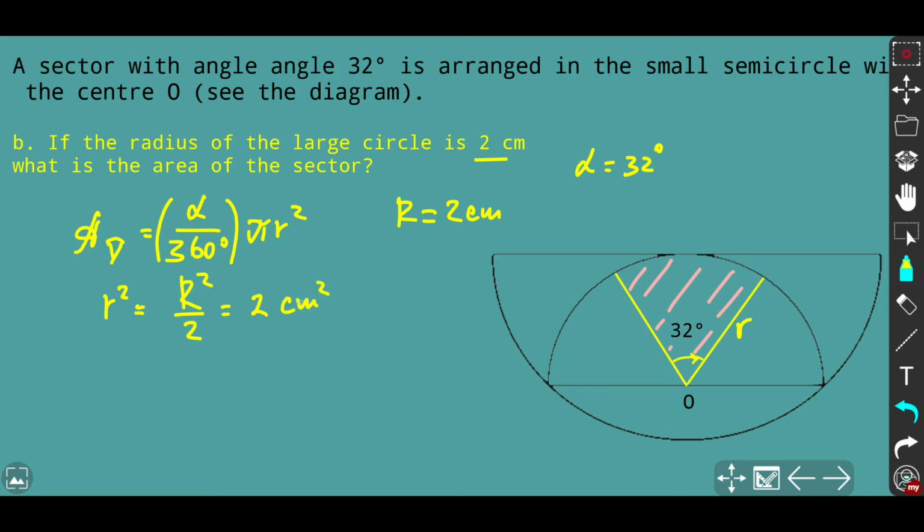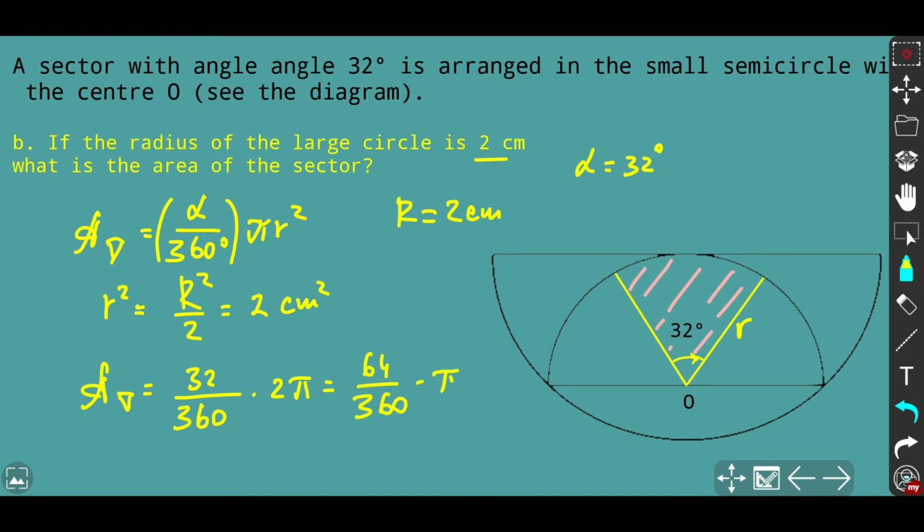So that's r squared, and we just plug the values into the formula. So 32 over 360 times 2 pi, which is going to be the area of the sector which is shaded here. All right, so that's 2, and yes, we have 2 completely. So 64 over 360 times pi.